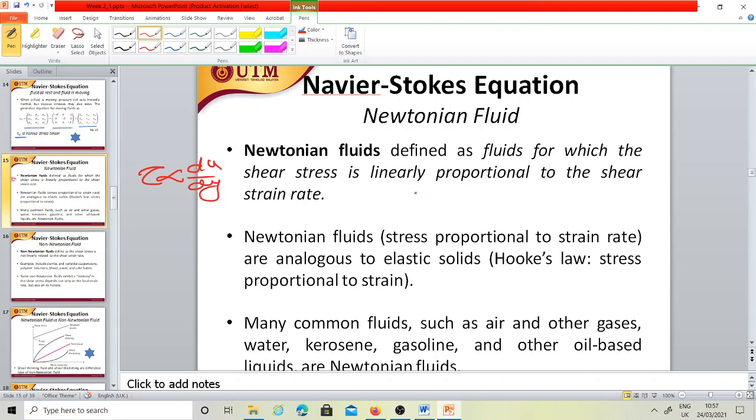A similar thing applies here. A Newtonian fluid is defined as a fluid for which the shear stress is linearly proportional to the shear strain rate, or rate of change of shear strain.